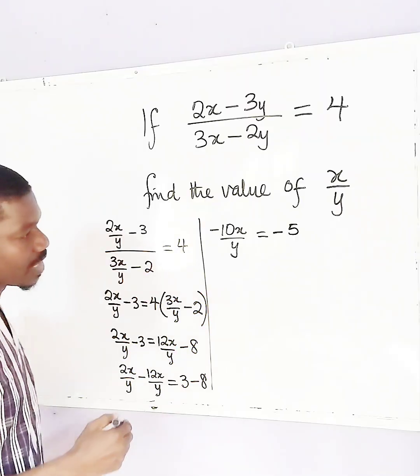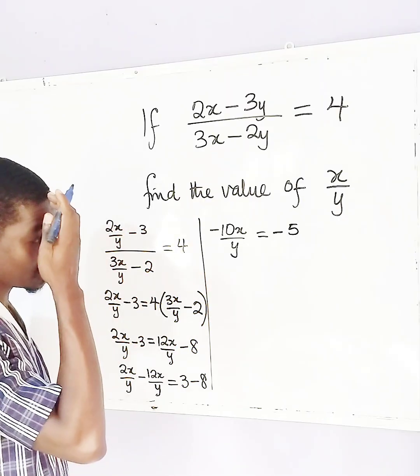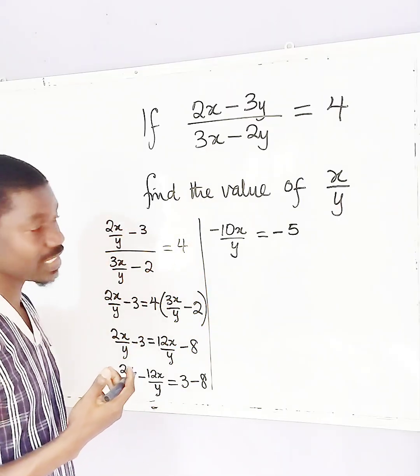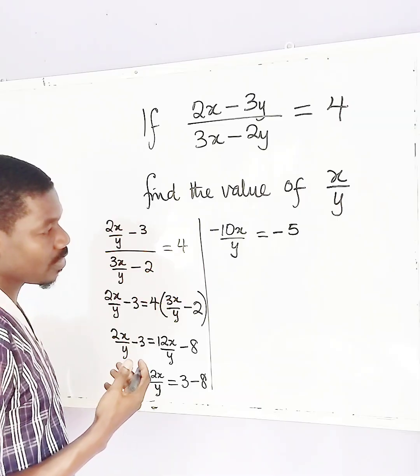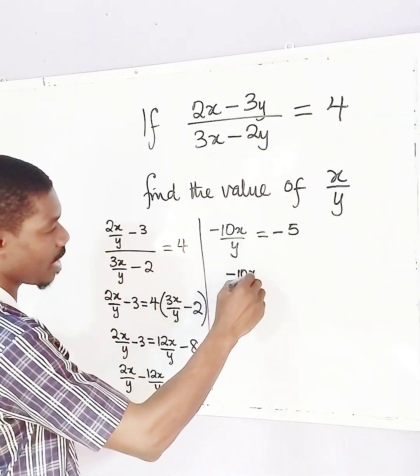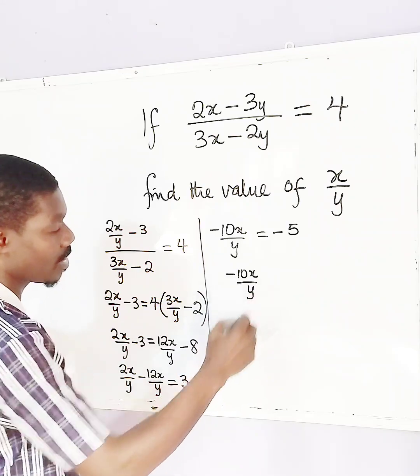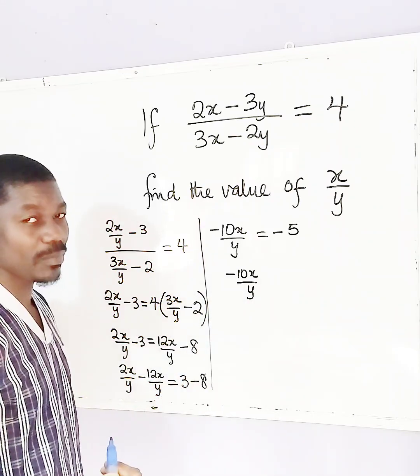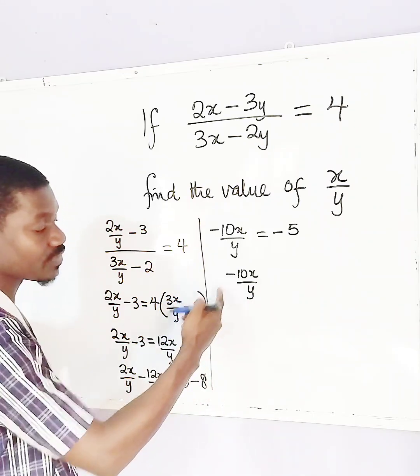Now all we need to do is to divide both sides by negative 10, or rather we multiply both sides by the reciprocal of negative 10.